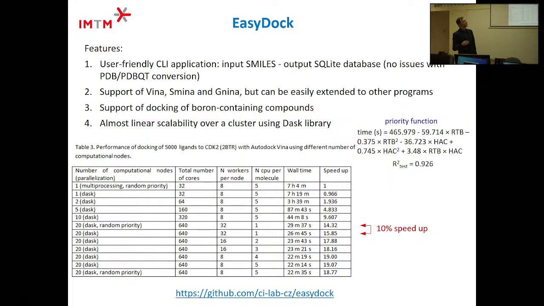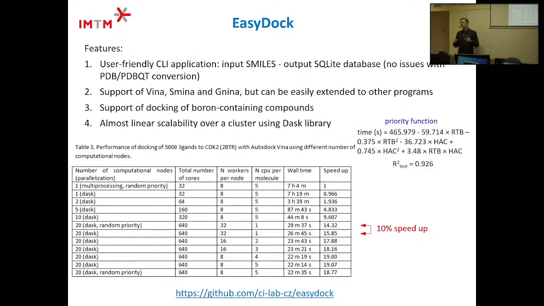We also optimized this pipeline with a specific priority function. So we tried to dock first the compounds for which the predicted docking time is the highest. We want to dock first the compounds which take a long time, and at the end, we want to dock compounds which take just a few seconds.